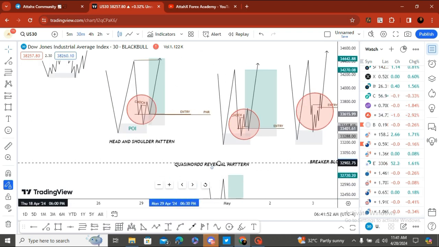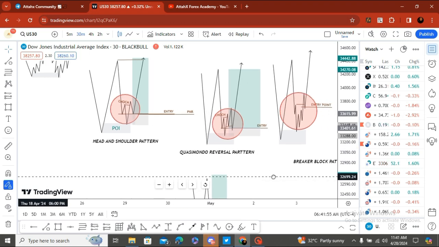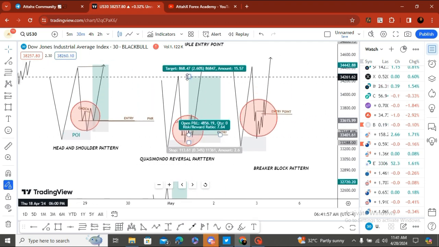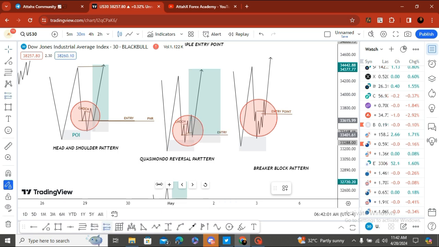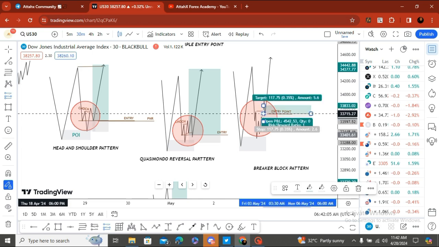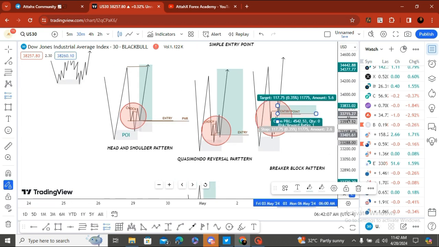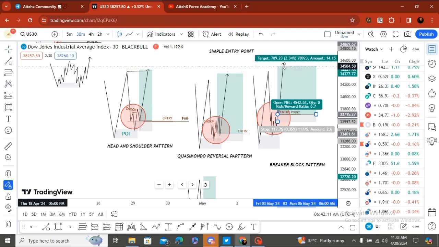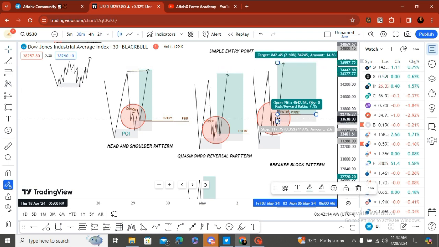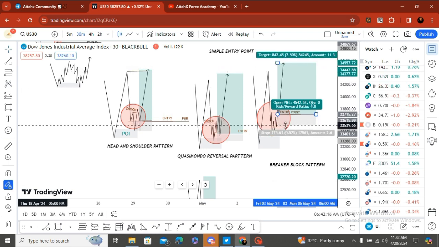Now we have these two using the breaker block. Your entry should be at this breaker block. I'll show you another scenario of this breaker block. And then your SL should be on the last low that caused that momentum.